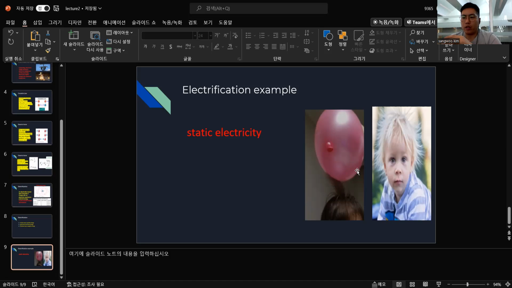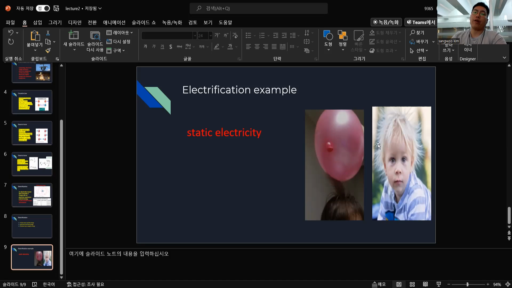For example, to help you understand more easily, my body is a negative charge and these clothes are a positive charge. So when I try to take off these clothes, it's not easy. There's some power there. We say it has electrical power.